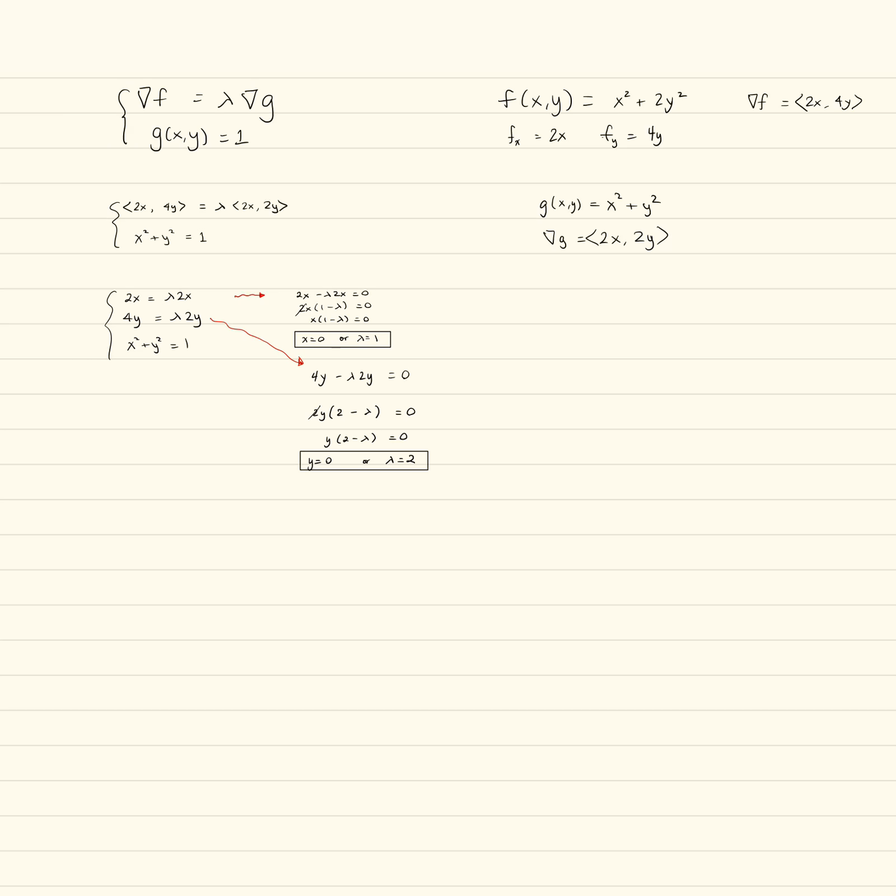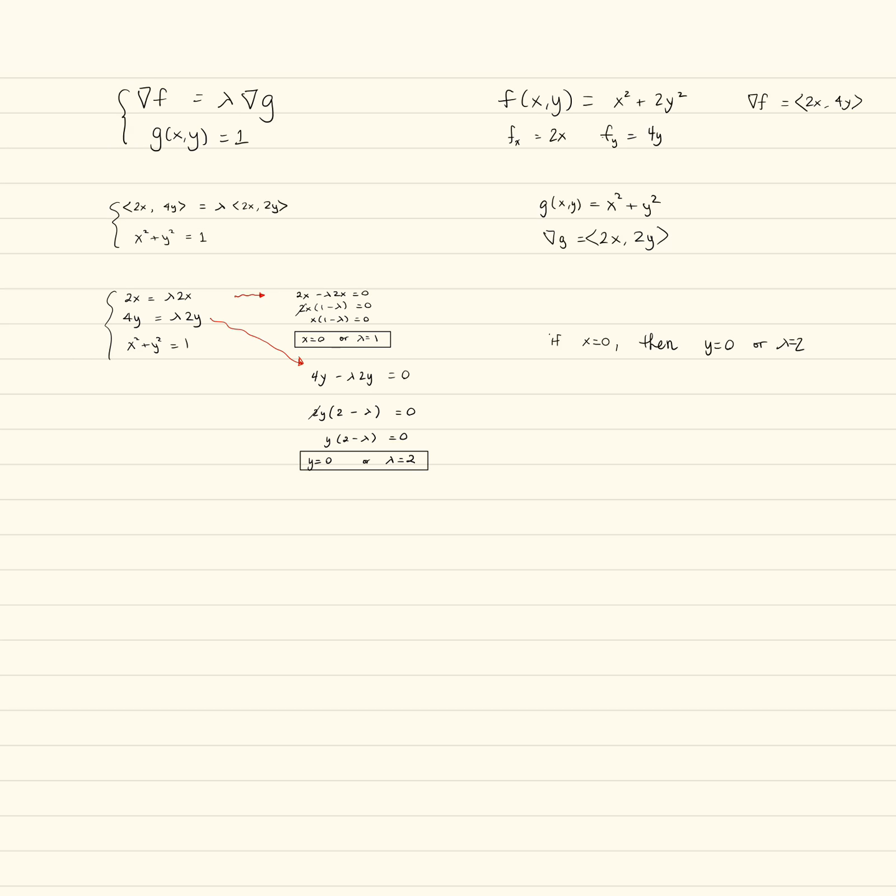All right. So now how do we put all this together? Well, it looks like we've got several scenarios here. Either x equals 0. If x equals 0, what happens? Then, plugging in, if x equals 0, then either y equals 0 or lambda equals 2.